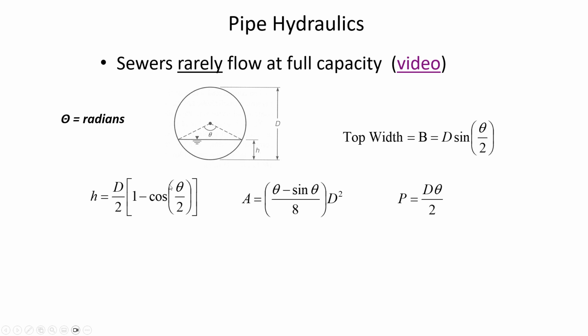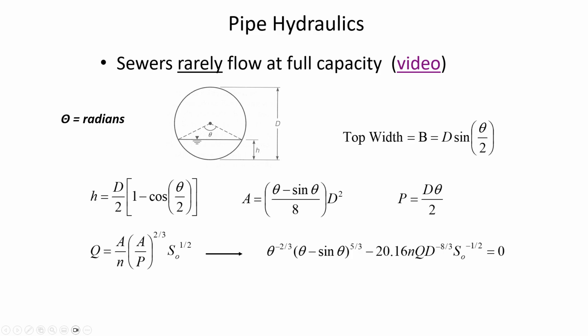And it's a function of the angle. So once you know the angle, then you can determine the depth of flow, the cross-sectional area, the wetted perimeter. You can determine the top width. So how wide is that water? And when you get up to halfway full, the top width would be equal to the diameter of the pipe.